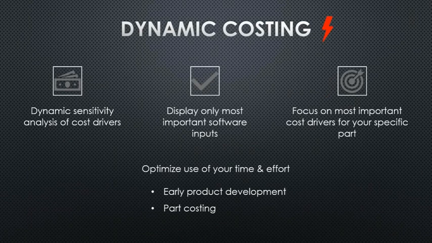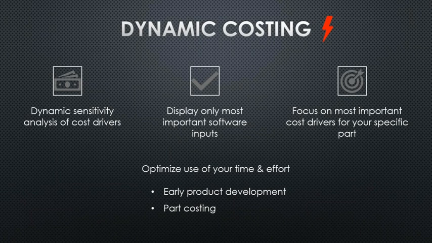Dynamic costing is a dynamic sensitivity analysis of the important cost drivers for a manufacturing process. And our objective with dynamic costing is to only display the most important primary software inputs for the specific part that you've analyzed.